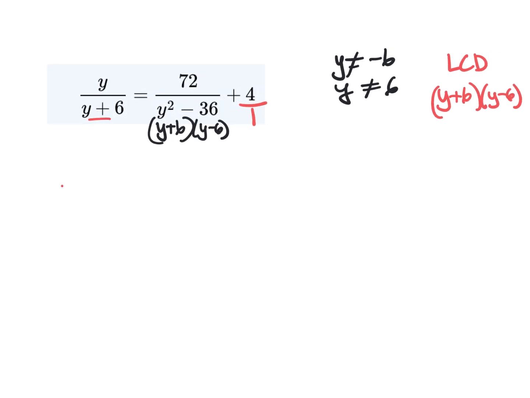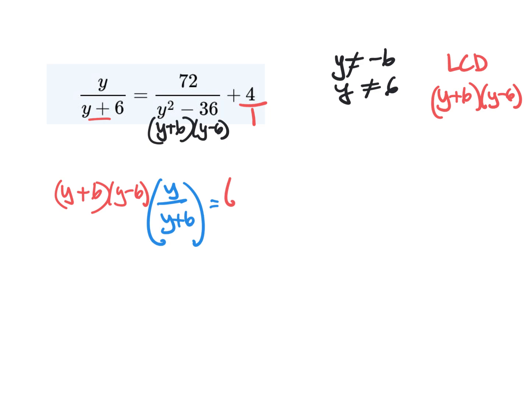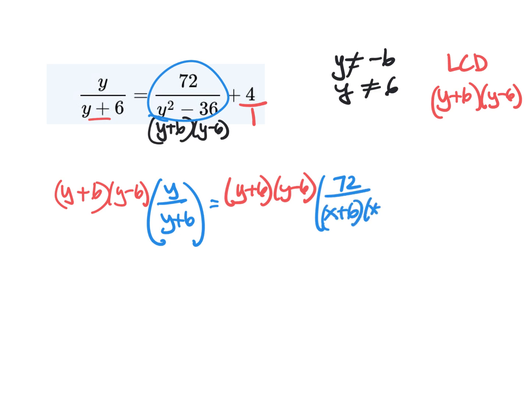And so I'm going to multiply y plus 6 times y minus 6 times this first expression, which is y over y plus 6. Then I'm going to multiply my LCD times this part of the expression here, which is 72 over y plus 6, y minus 6.